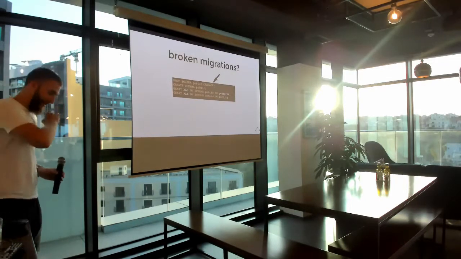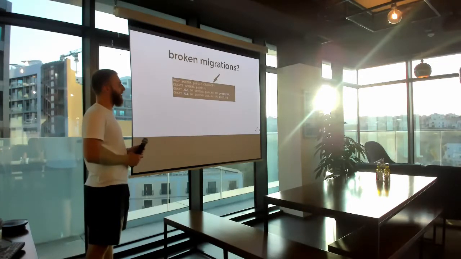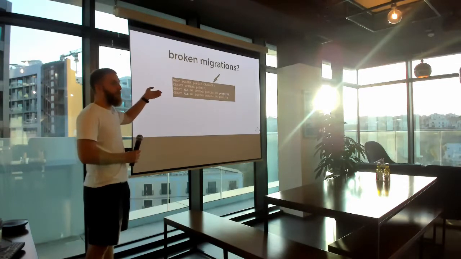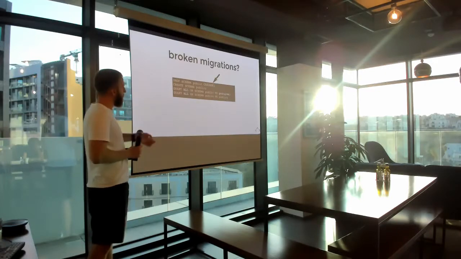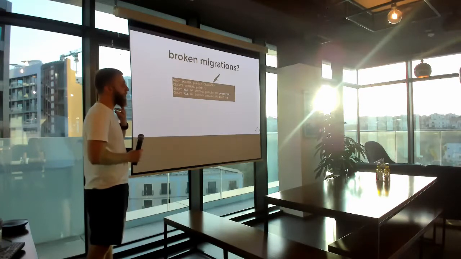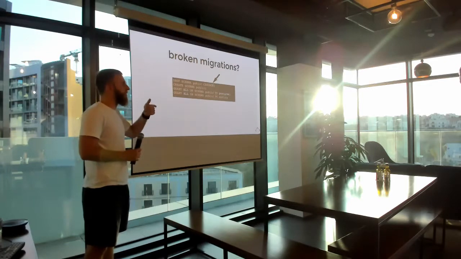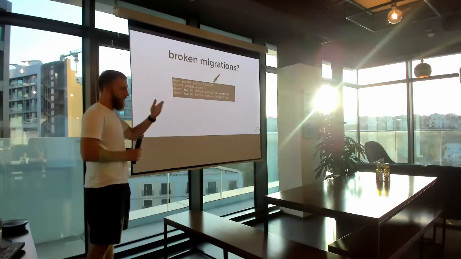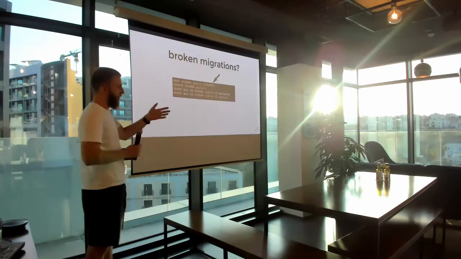But if you do mess up your migrations, we can use the schemas to help resolve this issue. What's really helpful is that in the default settings of Postgres, all your data is stored in the public schema, which is already there.